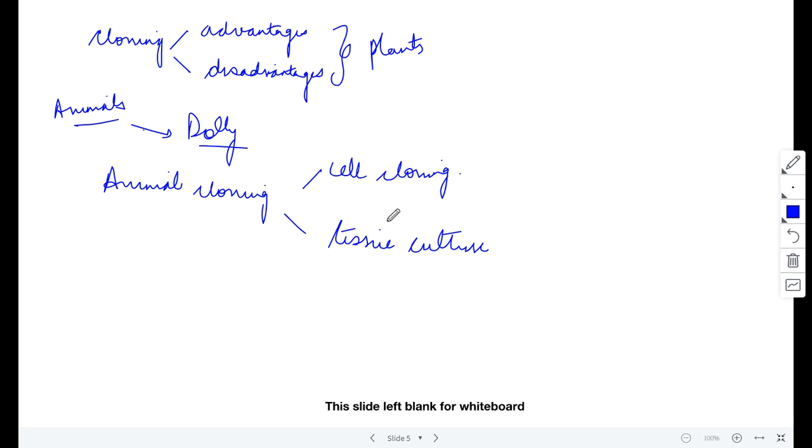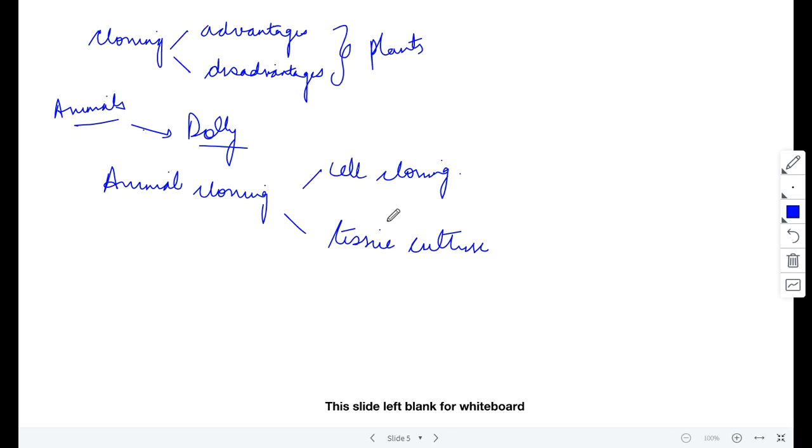No, I'm talking about the first advantage of cloning of plants. Let's talk about plants. The advantages of cloning of plants. So they can be produced faster.